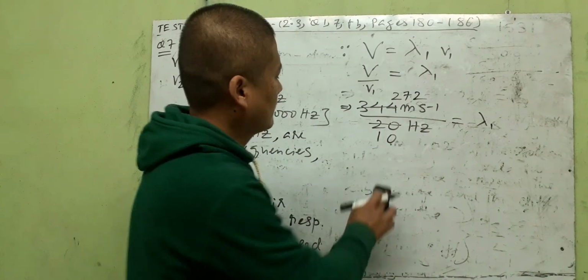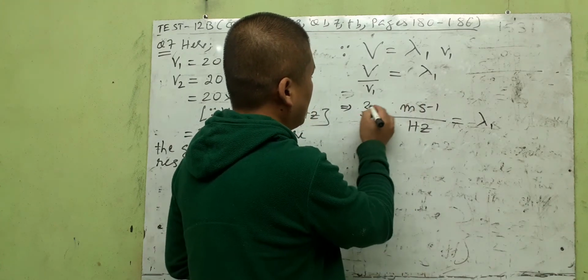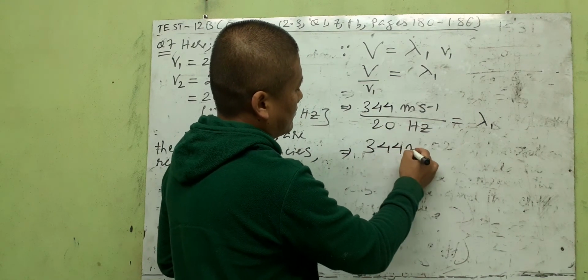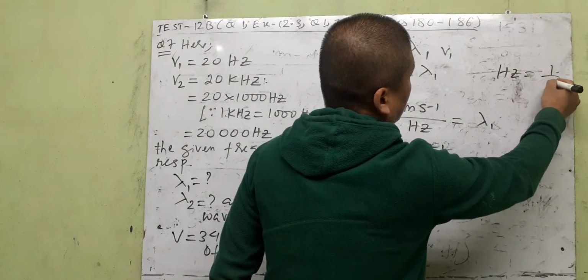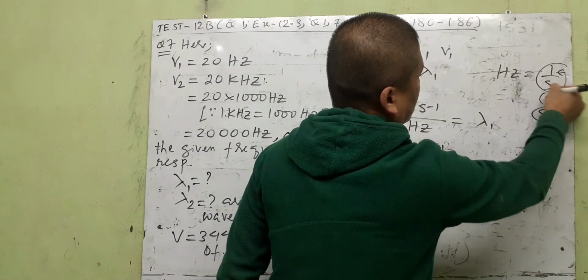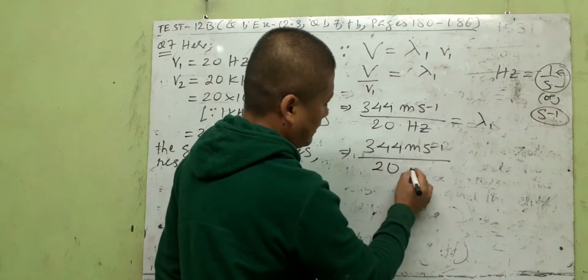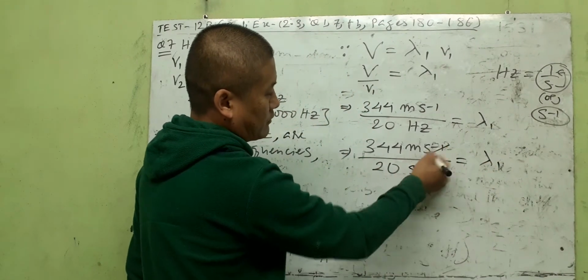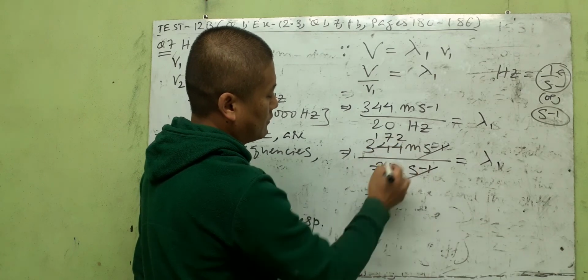Before cancelling, let us deal with 344 by 20 first. We know from our previous classes that meter per second, hertz is simply the reciprocal of second. 1 by second means second to the power minus 1. So second to the power minus 1 cancels, and we get 2 1s are 2, 2 7s are 14, 2 2s are 4.